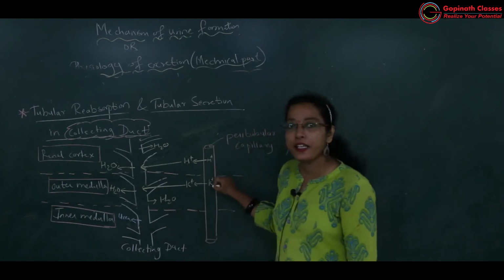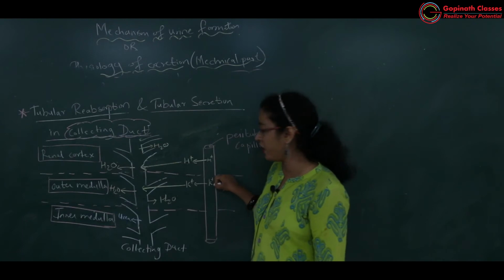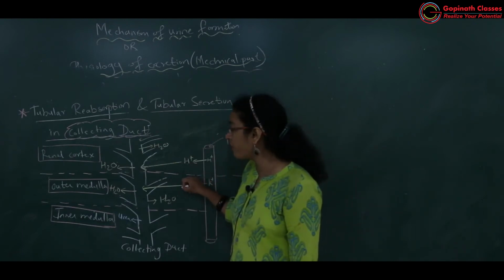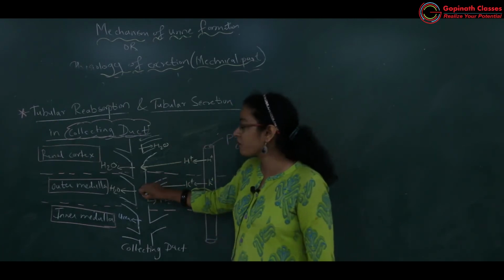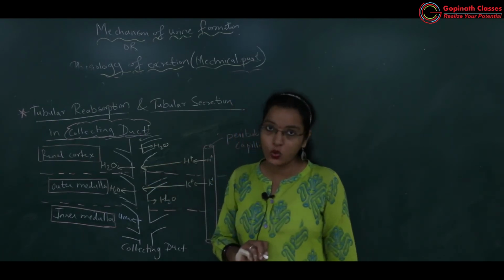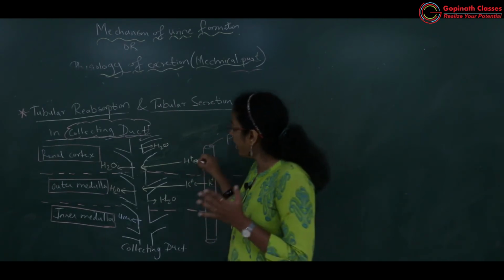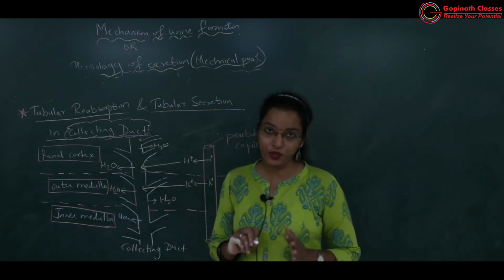Similarly, if K positive ions are more in the body fluid, then these K positive ions will enter the interstitium and from the interstitium they will enter the collecting duct. Got it. Thus the collecting duct will maintain H positive ions and K positive ions in the bloodstream.